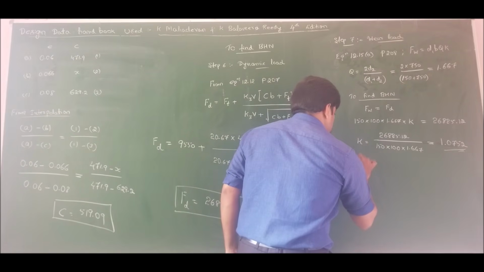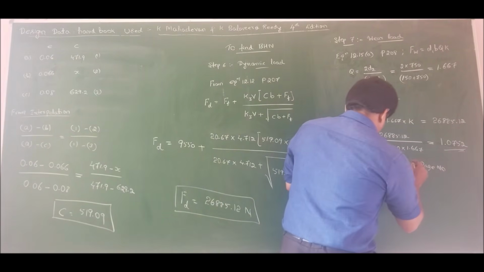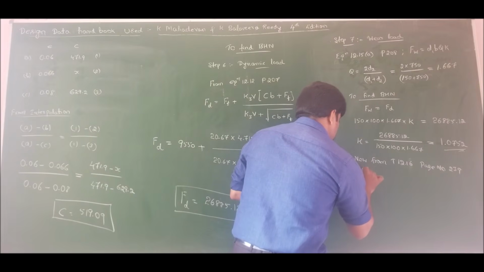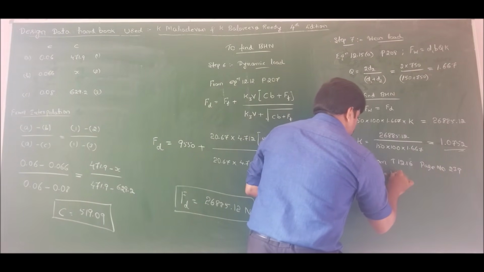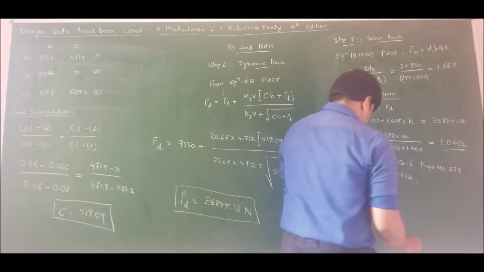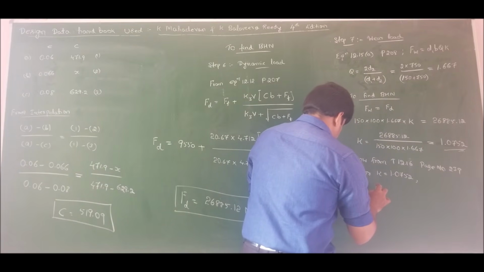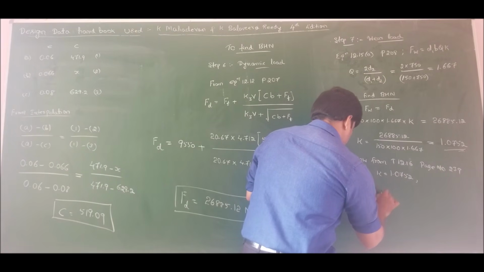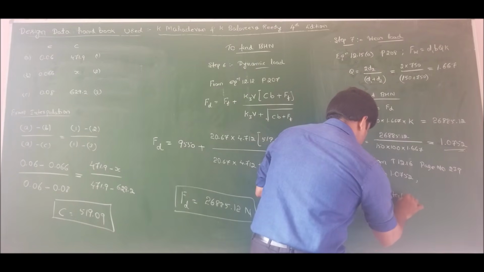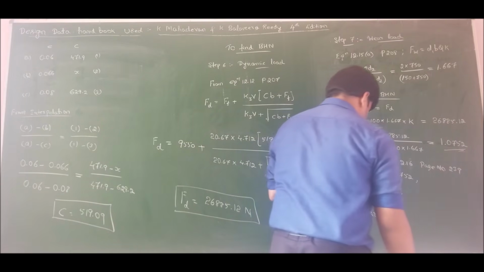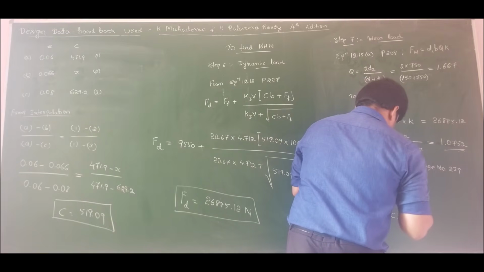So now from table 12.16, page number 239, for K equal to 1.0752, where the material of pinion is steel and gear is cast iron, with a 20-degree tooth form.